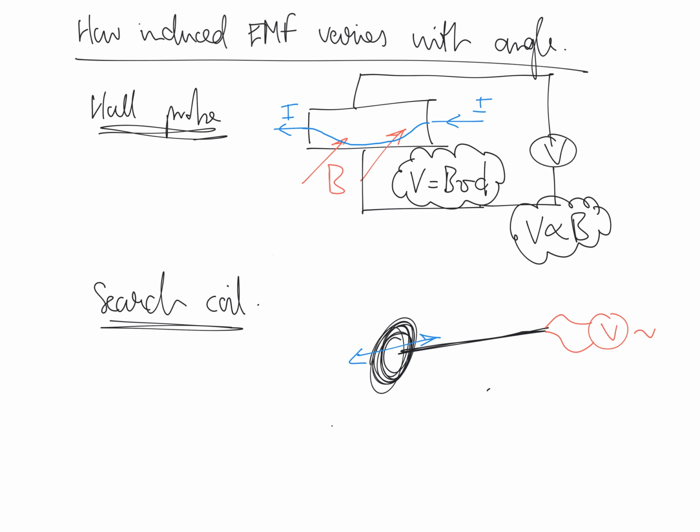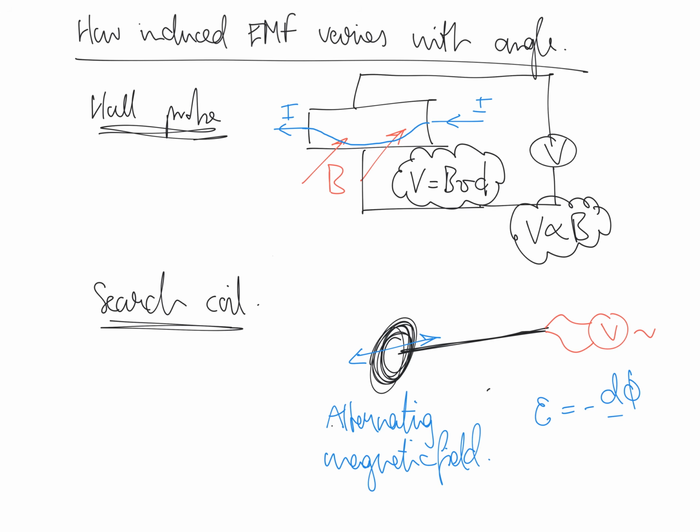It only occurs if there is an alternating magnetic field. That makes sense because we know that the EMF induced is going to be minus d phi by dt, which is dBA by dt.